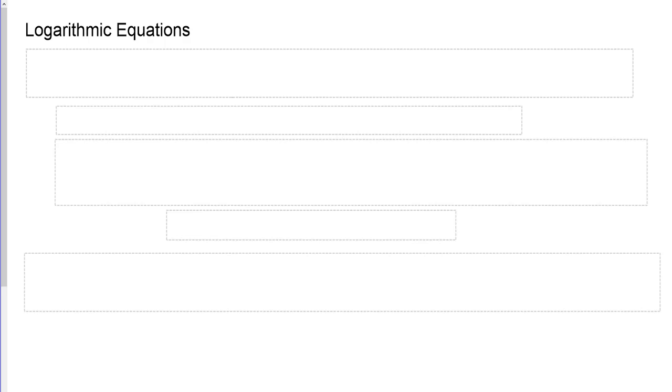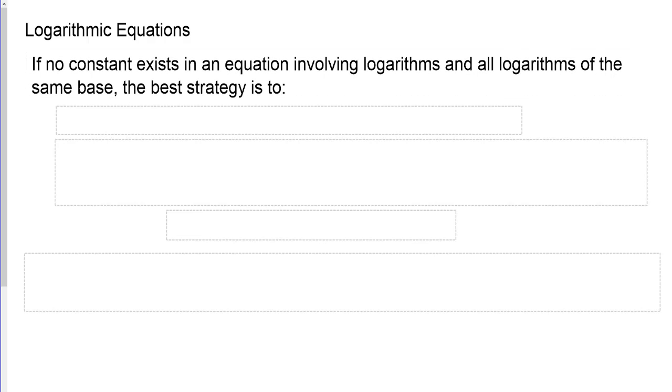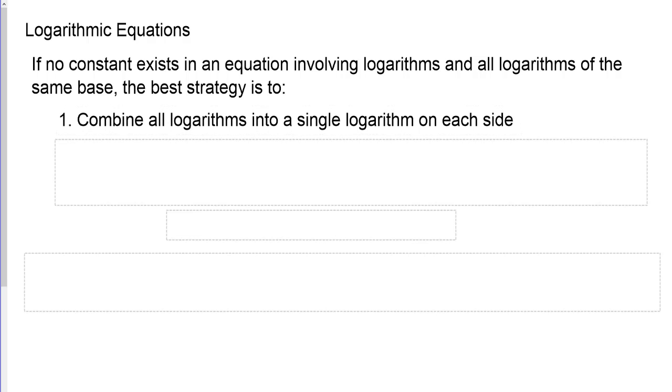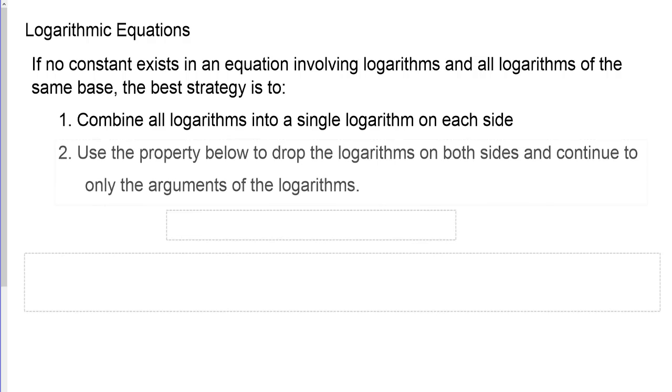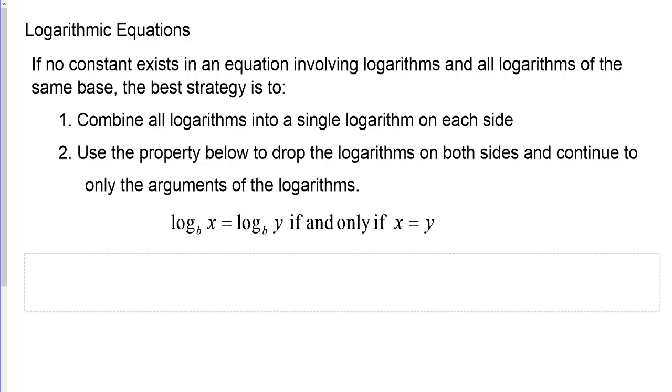Now we're going to talk about some logarithmic equations. In the case that no constant exists in an equation involving logarithms, and all logarithms are of the same base, the best strategy is to combine all logarithms into a single logarithm on each side of the equation, and use this property below to drop the logarithms on both sides and continue solving only the arguments of the logarithms.